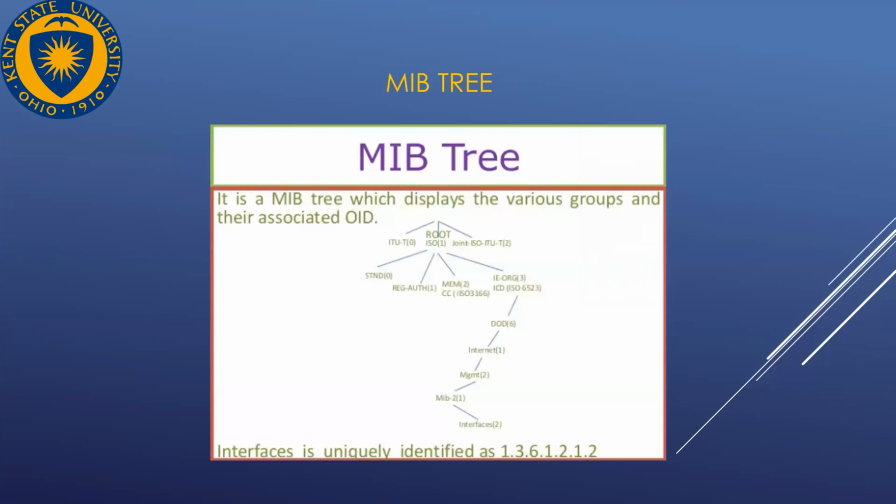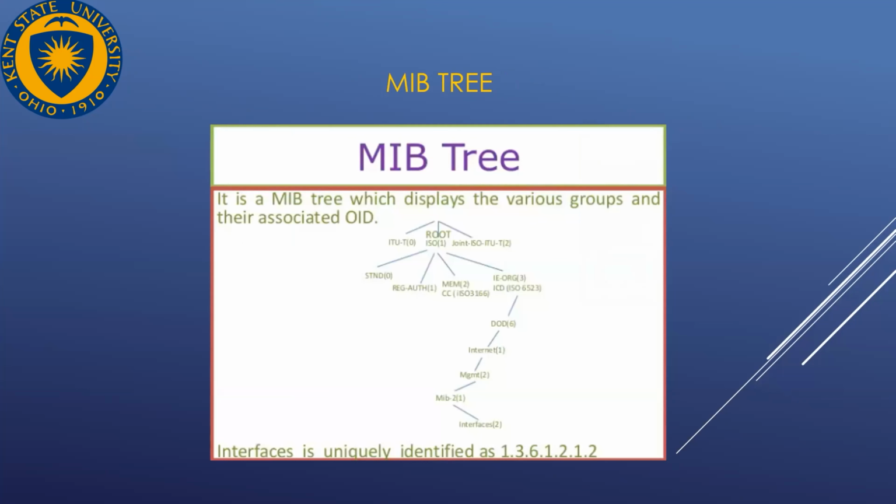So SNMP heavily relied on the MIB tree. In this example, the identifier we have is 1.3.6.1.2.1.2. And basically what that points to is what piece of information SNMP is looking for. And how that's defined is basically a tree-like structure that once you get down to a certain piece of information, that's what you're looking for.